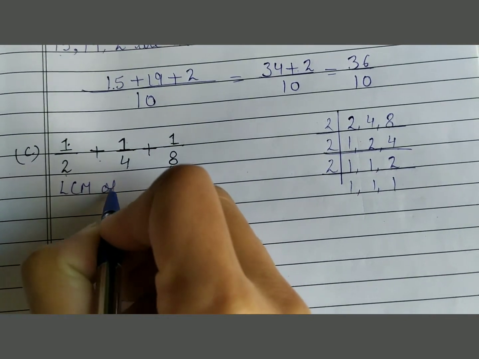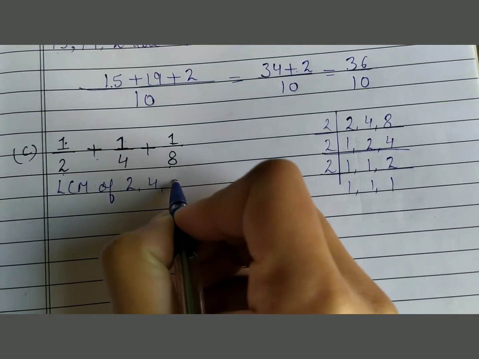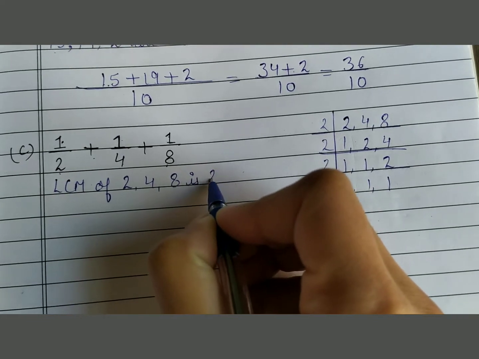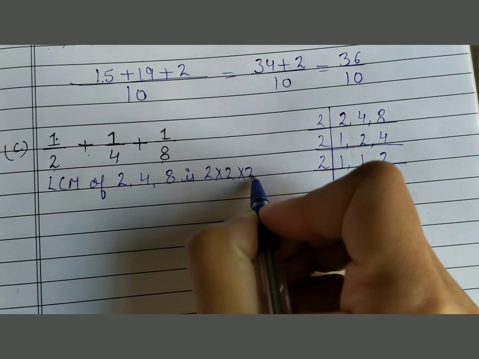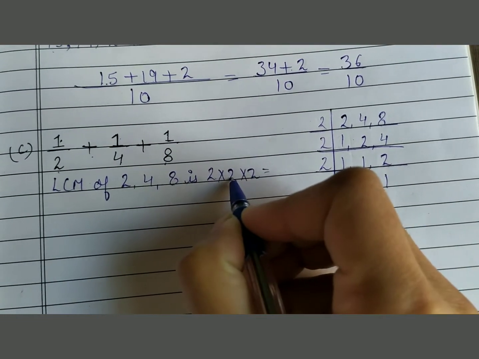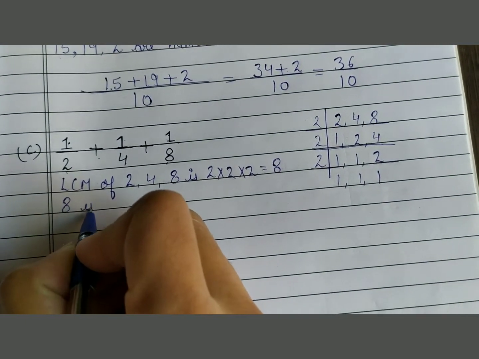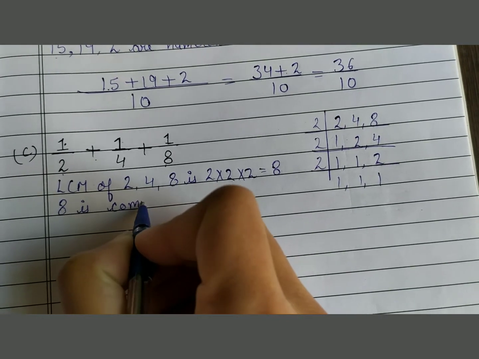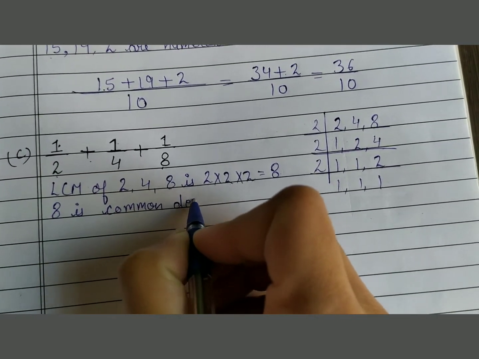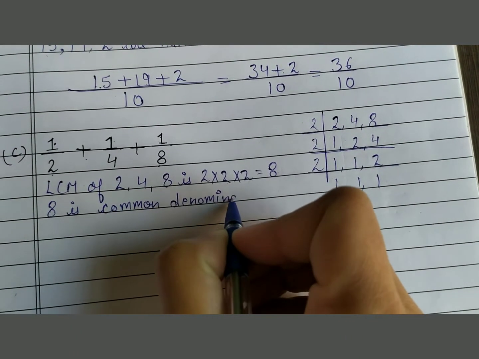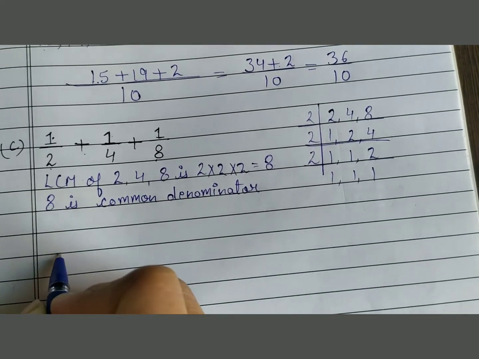LCM of 2, 4, 8 is 2 multiply 2 multiply 2. 2 twos are 4, 4 twos are 8. LCM is 8. Children, 8 is a common denominator. Okay. Write 8 as a denominator.